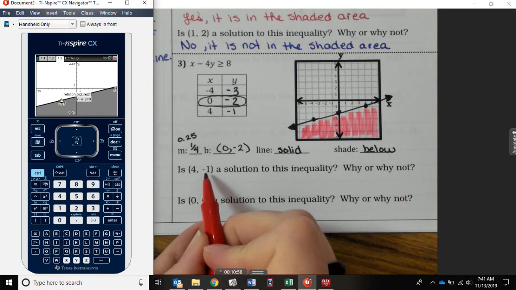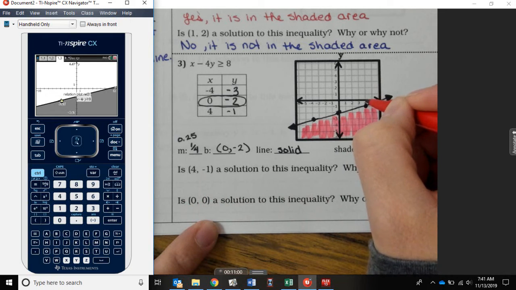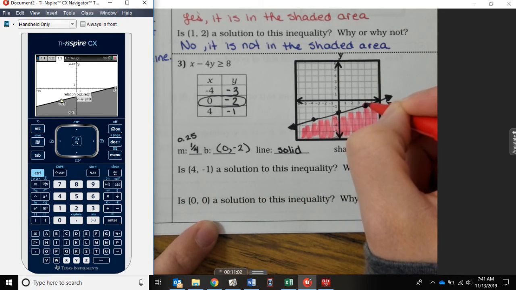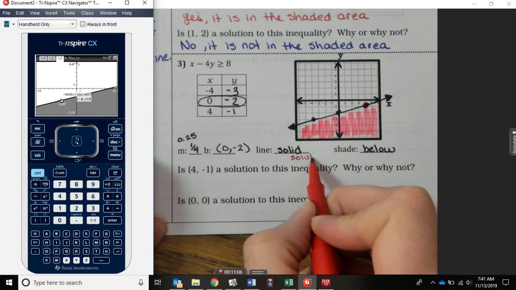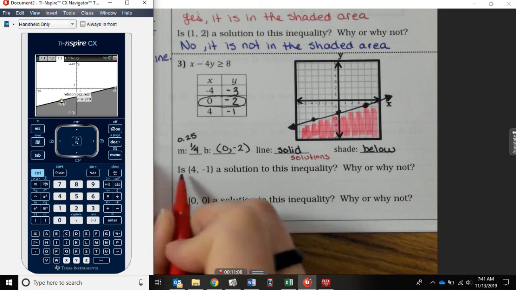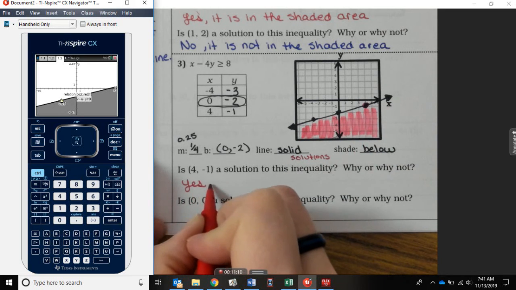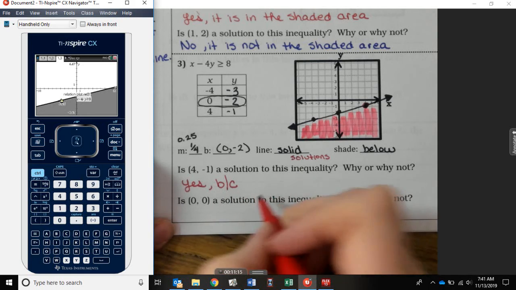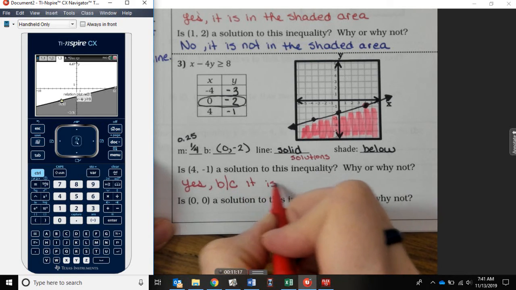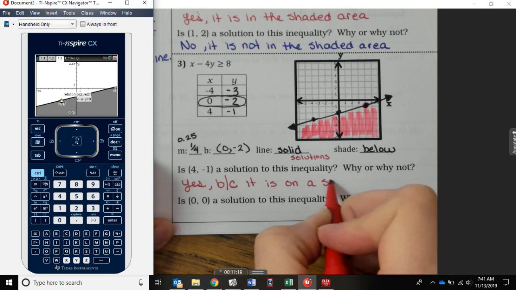So is 4, -1 a solution? 4, -1, that's one of the points I plotted and it's on the line. But remember, solid lines are solutions. So yes, it's a solution because it is on a solid line.